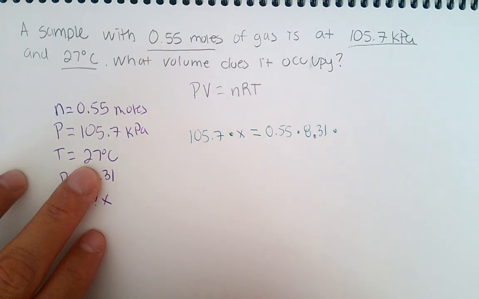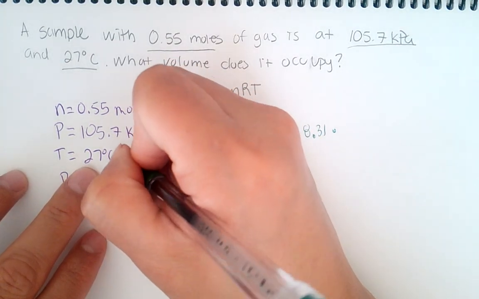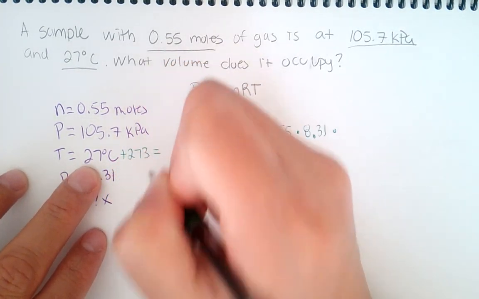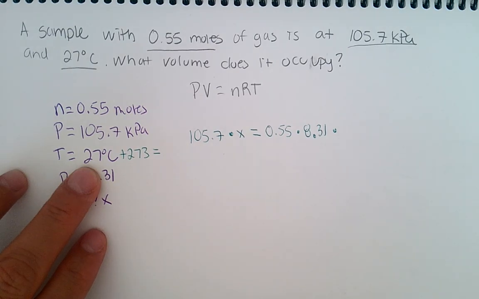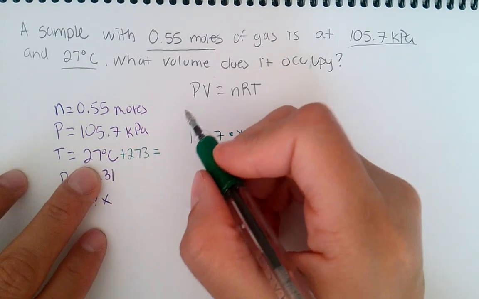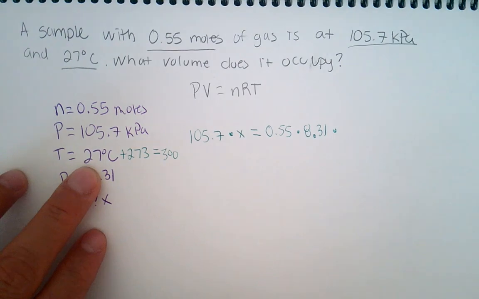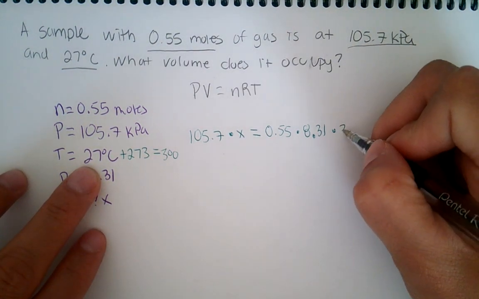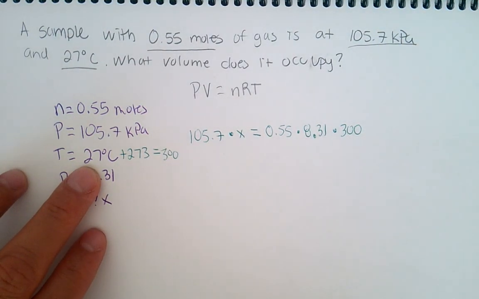Like we said before, we do not want to use Celsius. We always want to use Kelvin. So we need to make sure we add 273 to make it into Kelvin. And if you add this together, you can see this is going to be 300, because 273 plus 27 is 300. So we're going to multiply times 300.